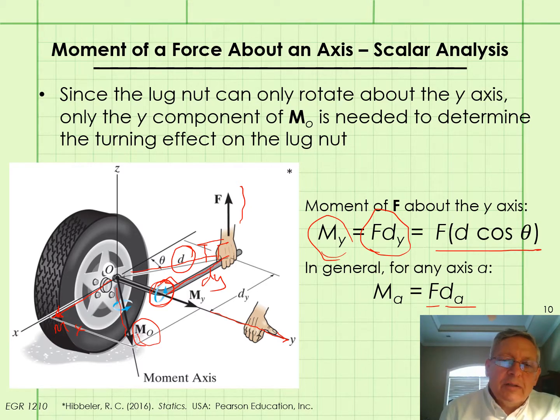The perpendicular distance between the force and the x-axis is this distance over here, which we'll call d sub x, and that's going to be equal to d times the sine of theta.